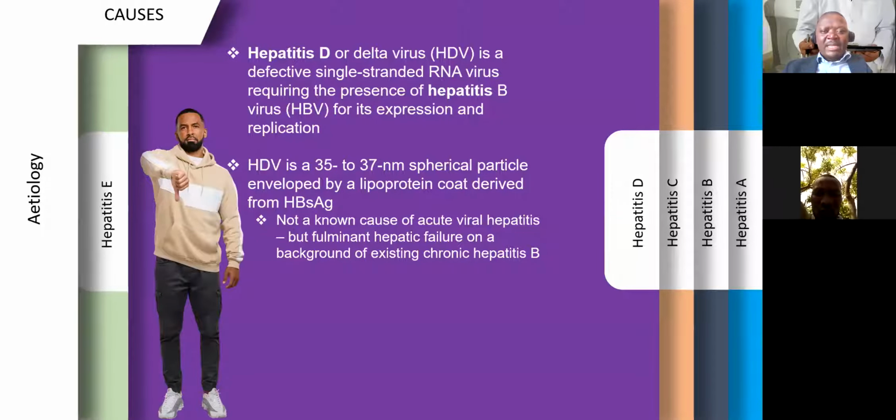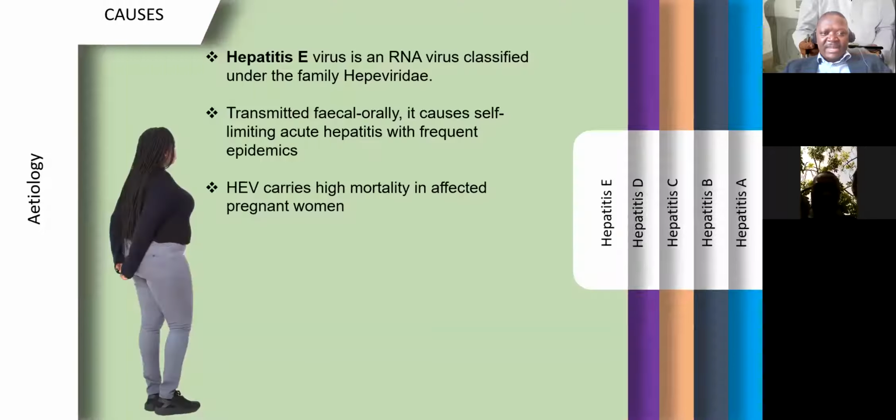It usually requires the B surface antigen for it to multiply. In other words, it does not survive when there is no B, okay? It is a small spherical particle that requires the B surface antigen. It is not known to cause acute inflammation, okay? But fulminant hepatic failure usually complicates those who have hepatitis B infection.